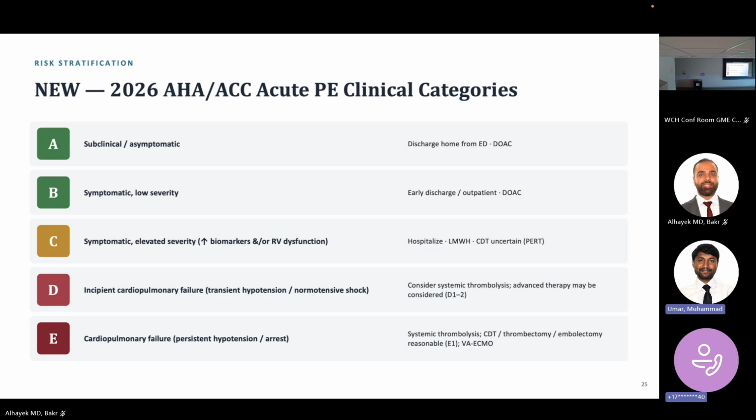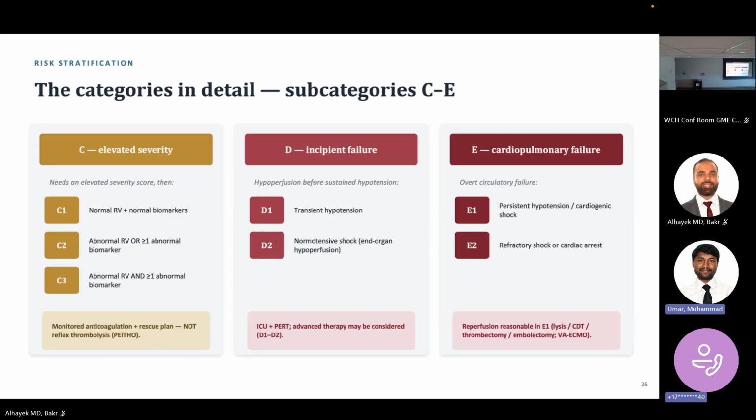You will have D1, D2, and then you have E1 and E2, I think. There's no D3. But what is it? Once you have a patient in category C, you will have a normal right ventricle function. That's C1. If you have abnormal right ventricular function and at least one biomarker abnormality, then C2, and then it goes on, C3, then D1, then D2, then E1, then E2.